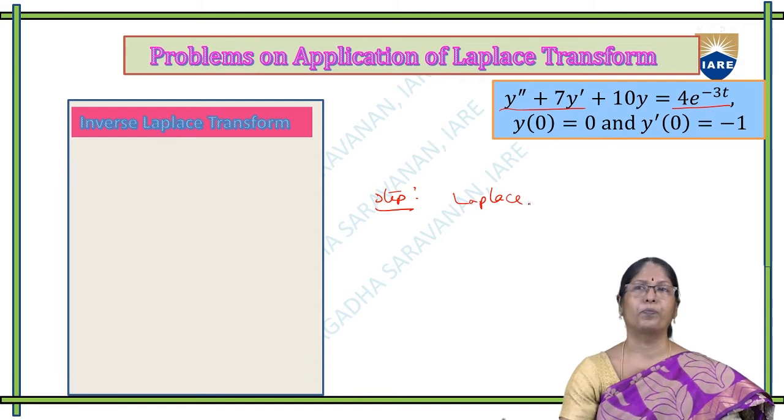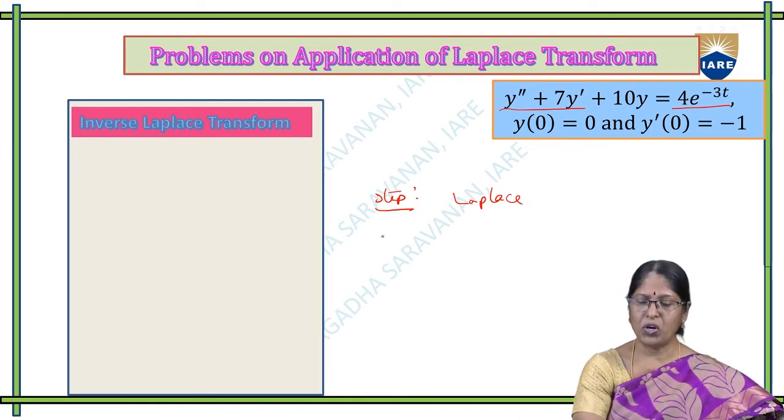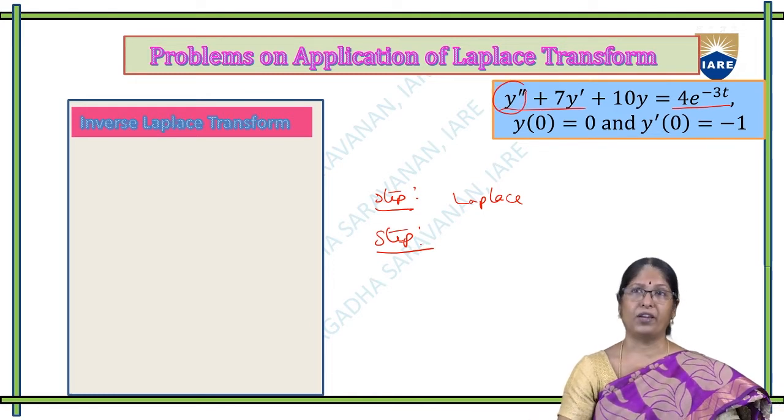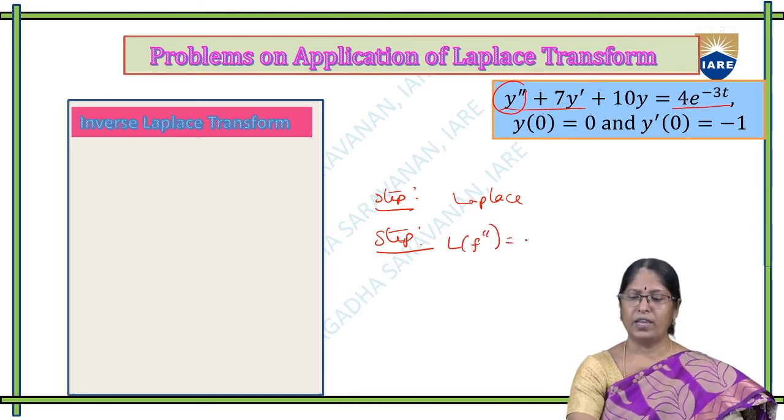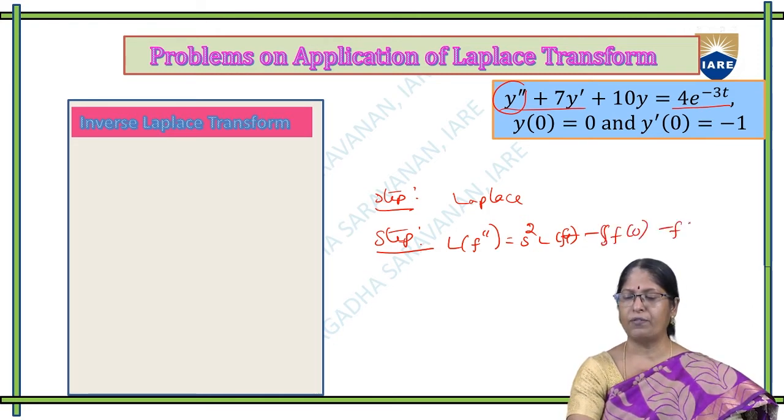After applying the Laplace transform, we notice it is y double dash. The derivative formula: L of f double dash is nothing but s square L of f minus s f of 0 minus f dash of 0.